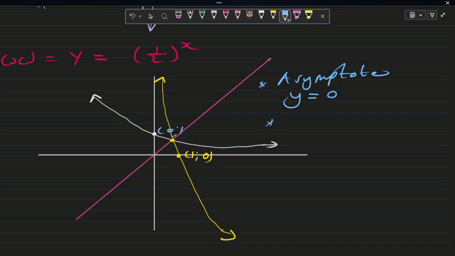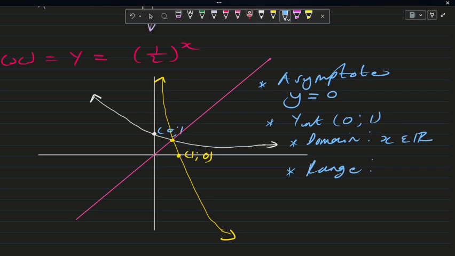We take note that the y-intercept is given by this point, and that the domain of the graph is x is an element of all real numbers.